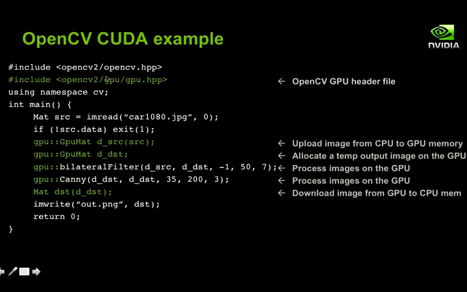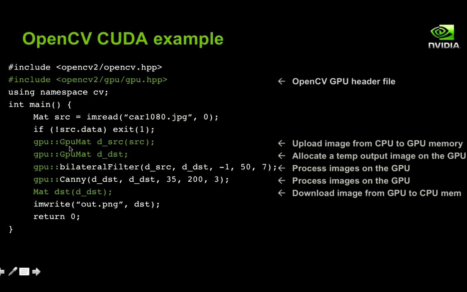In addition to including the OpenCV.hpp header file, you would also include, in this case, the GPU.hpp header file. So that's the first change. The other change to note is that you would load your image using imread, like the previous example, into a src mat which resides on the CPU memory.